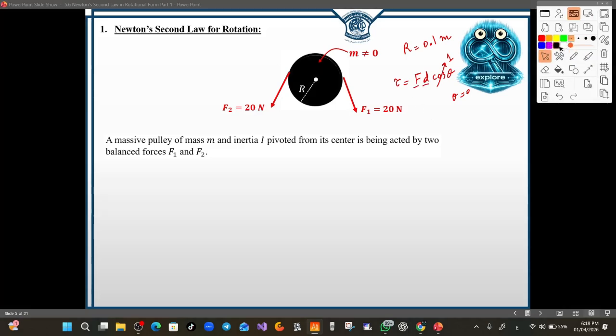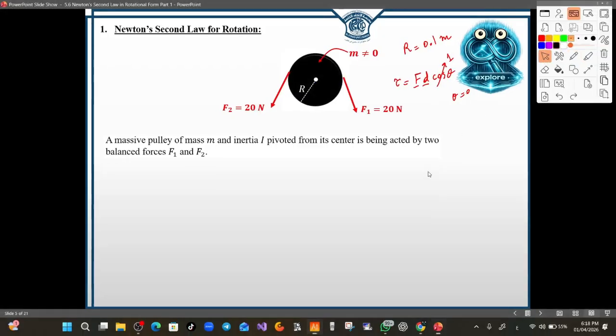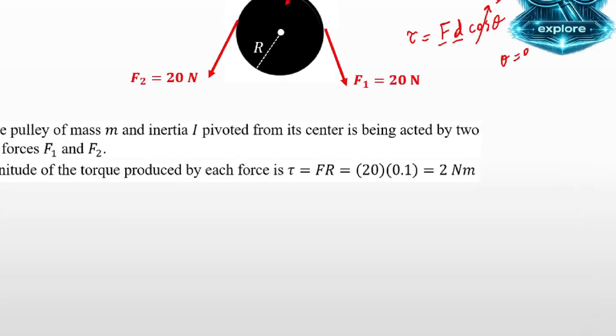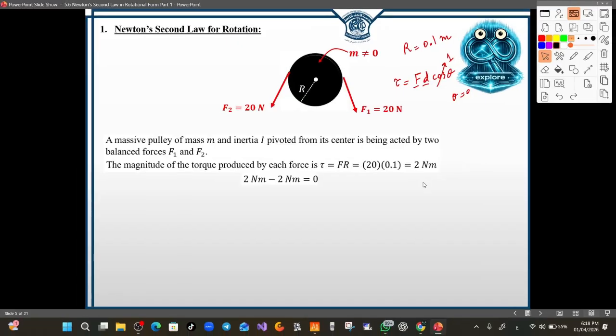Now, the distance is defined to be the distance between the point of application of the force and the pivot point. So the magnitude of the torque produced by each force is tau equals F r. The force is 20, the distance is 0.1, which is the radius, and it's equal to 2 Newton meters.